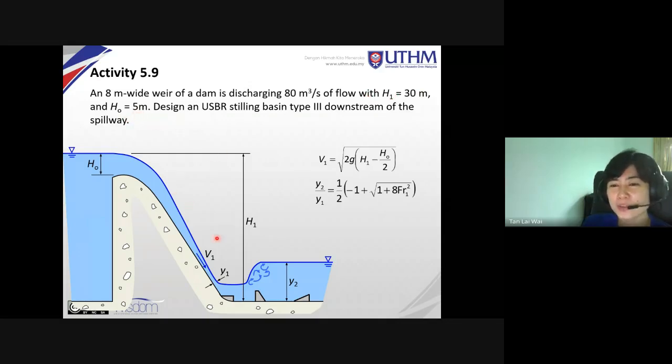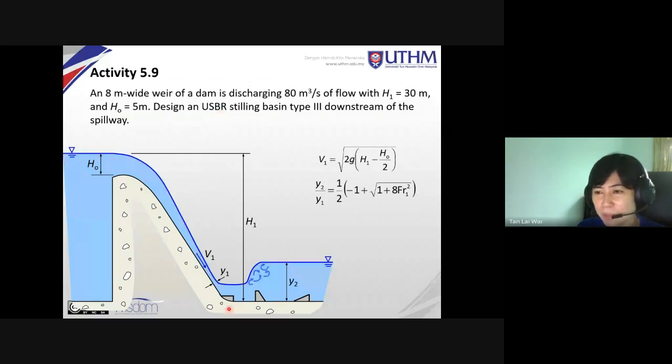Of course, you can calculate V1 already, which is square root of 2g times H1 minus half of H0. Then you'll get V1. All right, design. This is how the question looks like. Design a USBR stilling basin type 3 downstream of the spillway.